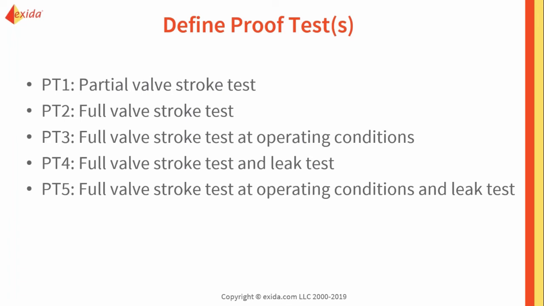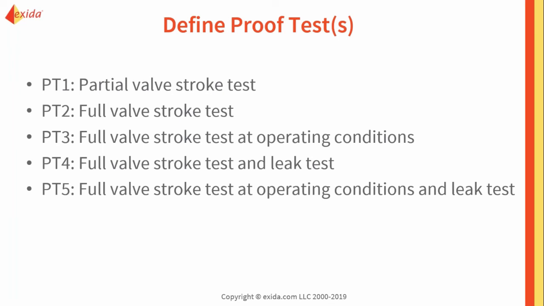Now, I know not everybody can do all of these 5 proof tests. There are many conditions and operations where you cannot do a full valve stroke test, or you cannot do any proof test at operating conditions. There are times where it's not going to be possible to do a leak test.